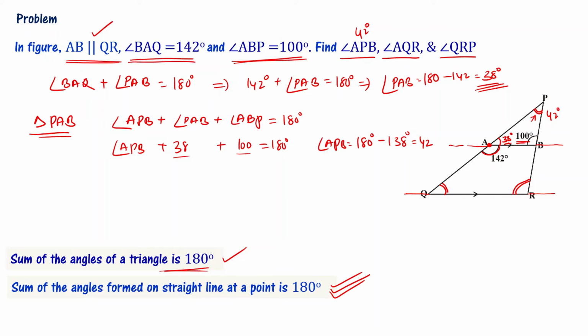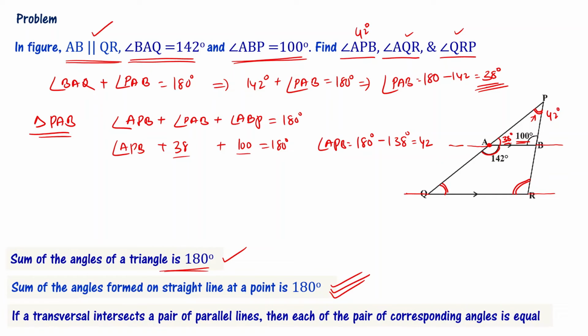We found that. Next, we have to find these two. For that, I'm going to make use of a theorem. It says that if a transversal intersects a pair of parallel lines, then the corresponding angles are equal. For example, here you have these two parallel lines, right?